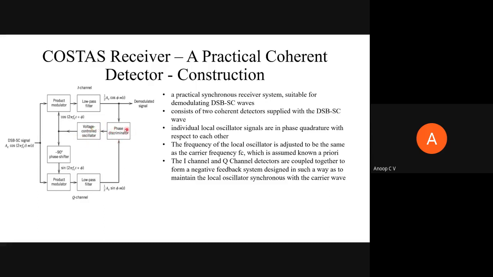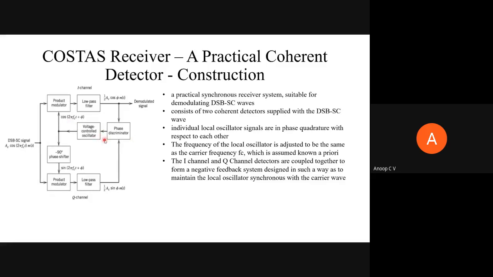The phase discriminator gives an output signal proportional to this phi, which we can call the error signal. That error signal in turn controls the VCO. According to this error signal, the VCO adjusts its output so that the phase error is reduced.